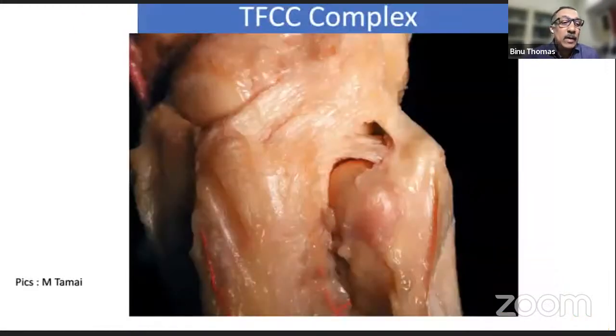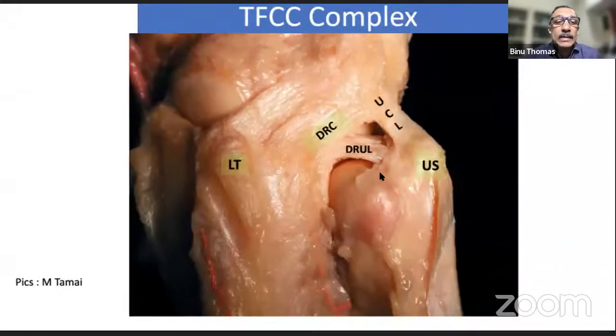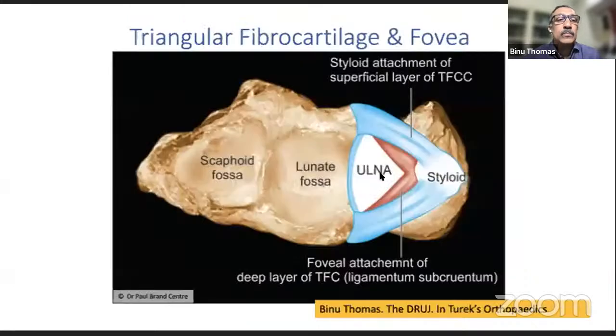Here's a dissection by my friend Makoto Tamai, who shows excellent ligaments of the distal radioulnar joint by very good dissection. And this is the dorsal radiocarpal ligament, the ulnostyloid, as you can see marked here. And that's the distal dorsal radioulnar ligament and the ulnar collateral ligament seen on this view.